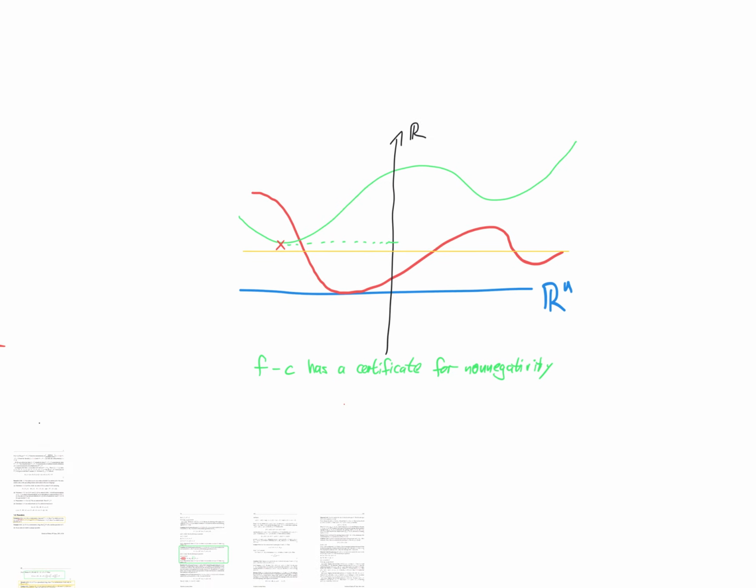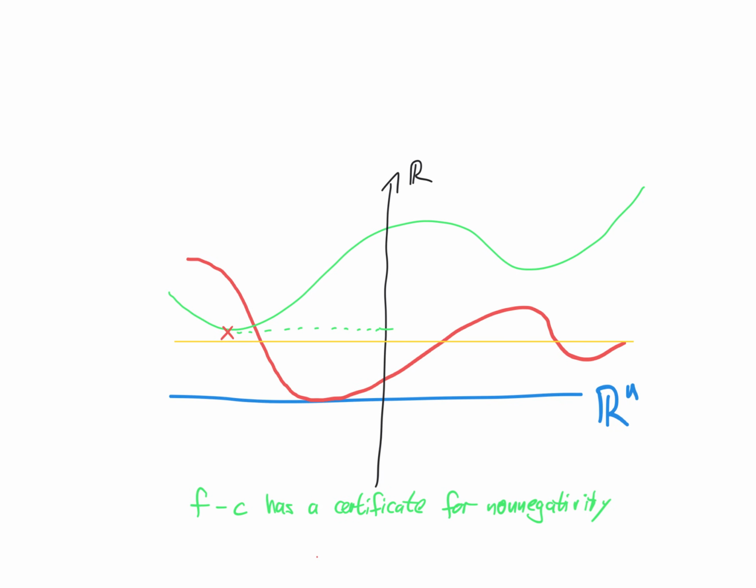But then when I want to maximize my lower bound, I restrict the degree so that my Gram matrices are not too big, and I don't really get there, because the closer I want to be, the bigger the degree has to get.